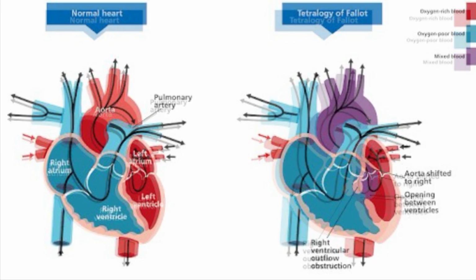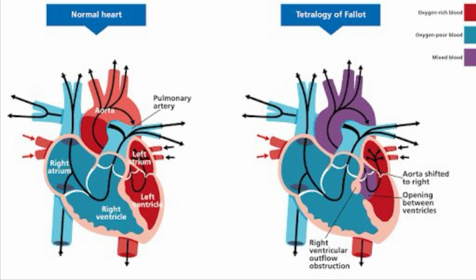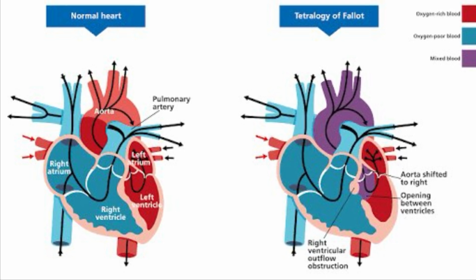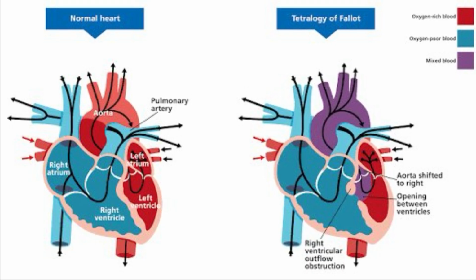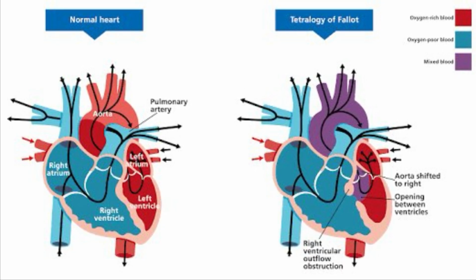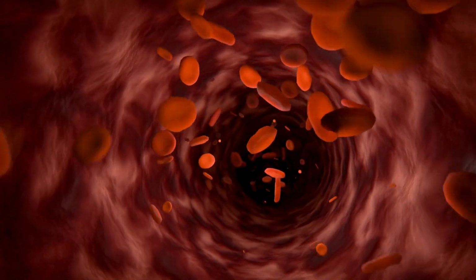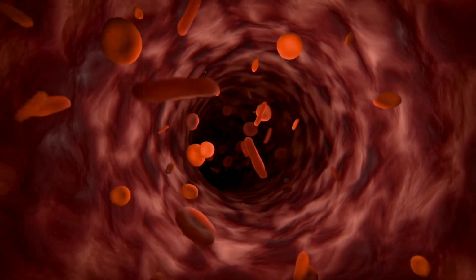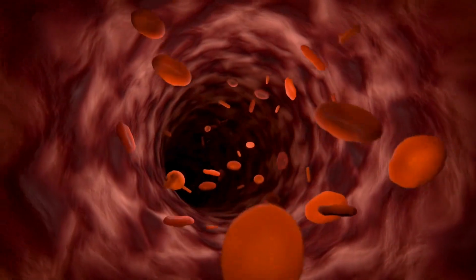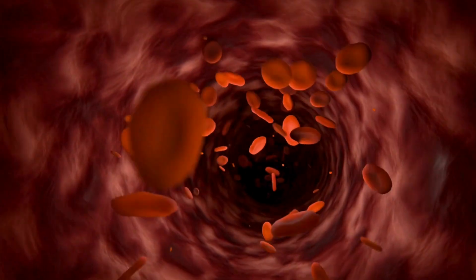Name the 4 clinical features of tetralogy of Fallot. Pulmonary stenosis, right ventricular hypertrophy, overriding aorta, and ventricular septal defect. Remember, PROV. In patients with tetralogy of Fallot, the severity of which heart lesion determines the patient's prognosis?